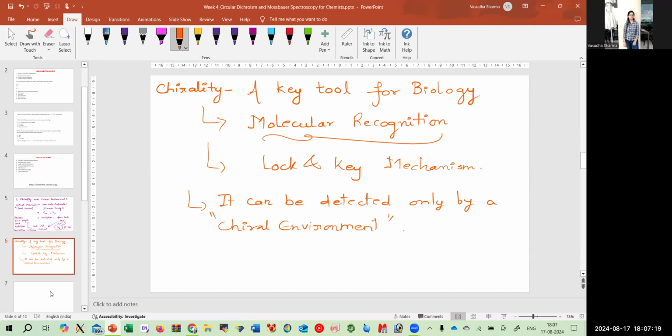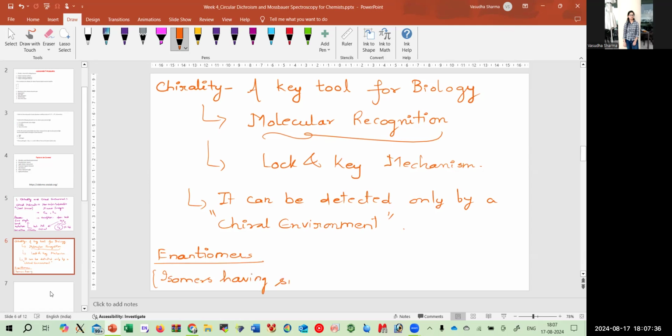So we know that chirality will produce enantiomers, and these are the isomers which have similar physical and chemical properties, but they differ in their rotation.